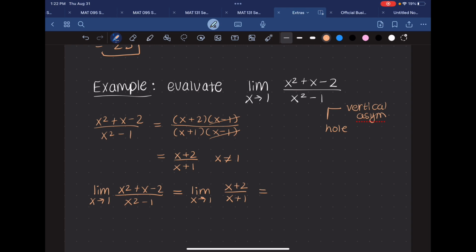So we got in the numerator 1 plus 2 gives us 3, in the denominator 1 plus 1 gives us 2, and so this is going to be our limit.